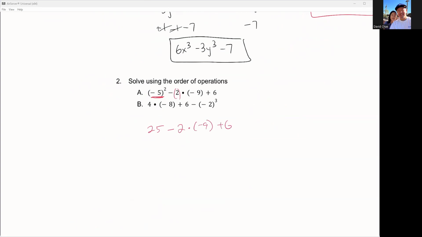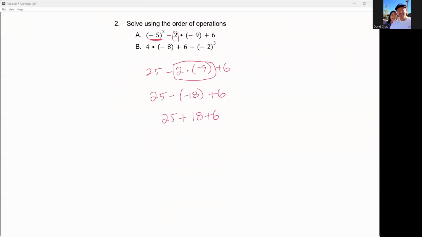I would do the multiplication next, so it'd be 25 minus negative 18 plus 6, and it'd be 25 plus 18 plus 6. That'll be 43, so that'll end up being 49.